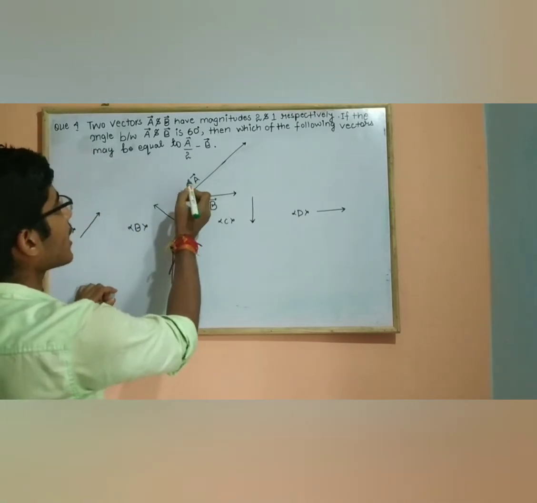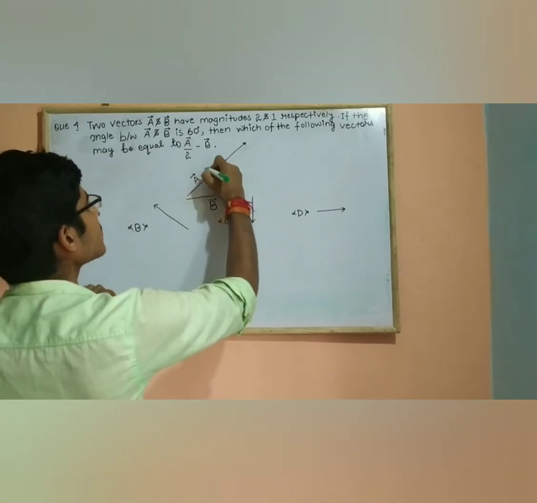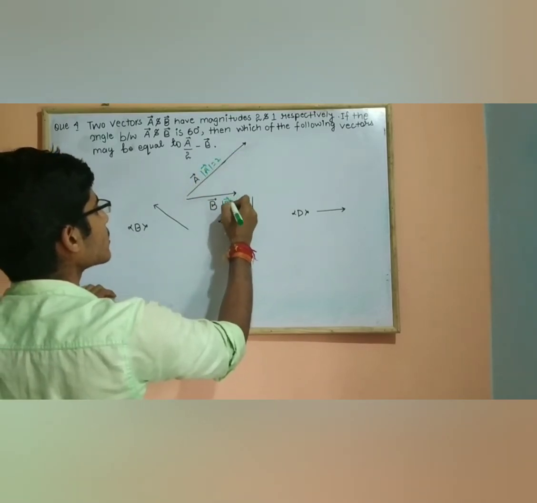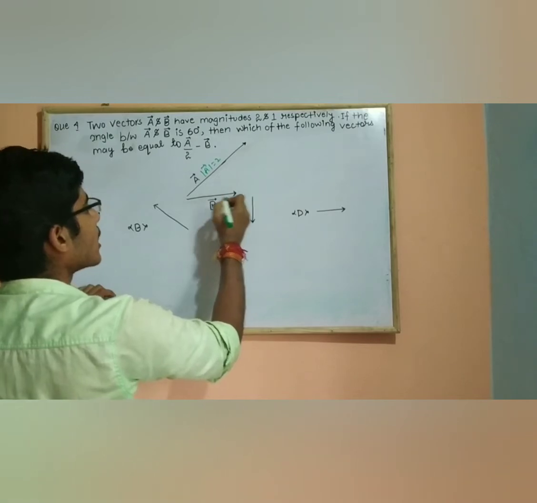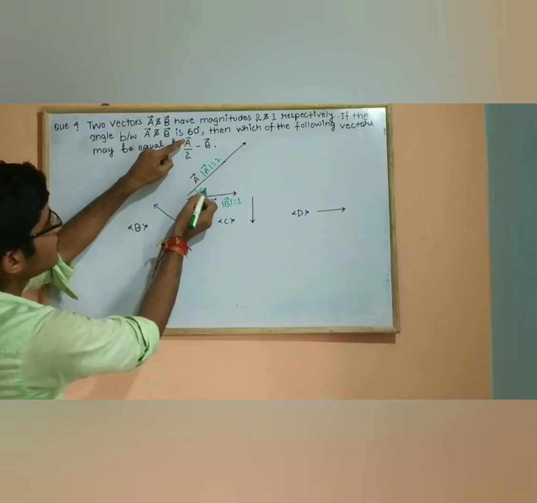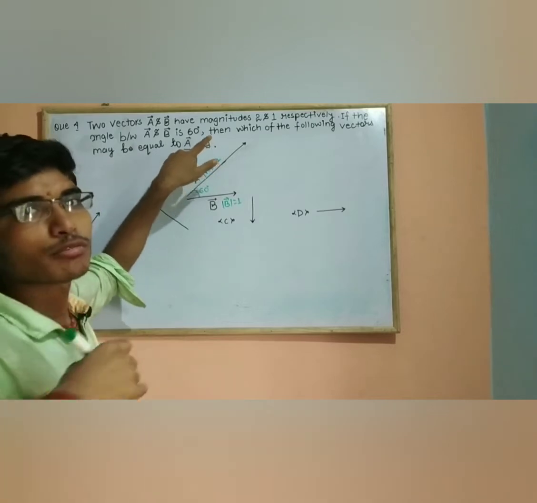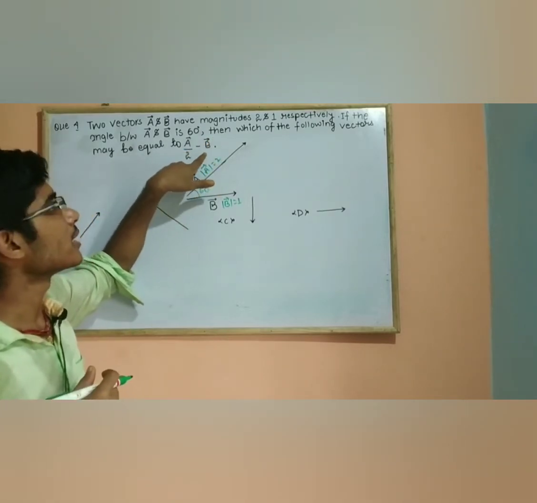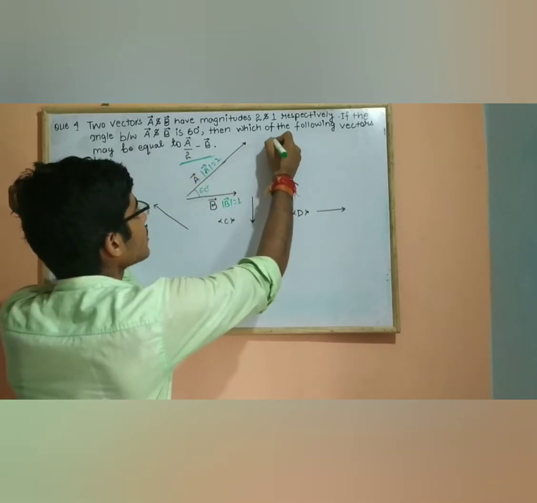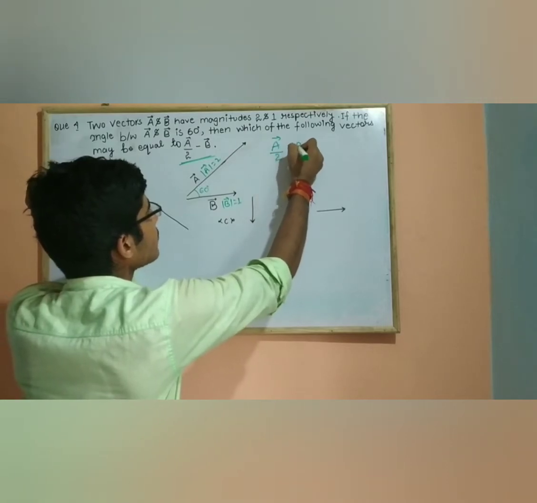So here we have A vector and this is B vector. Its magnitude is 2 unit and its magnitude is 1 unit, and the angle between them is 60 degrees. Okay. And we have to find the direction of the resultant of these two vectors, A vector upon 2 minus B vector.